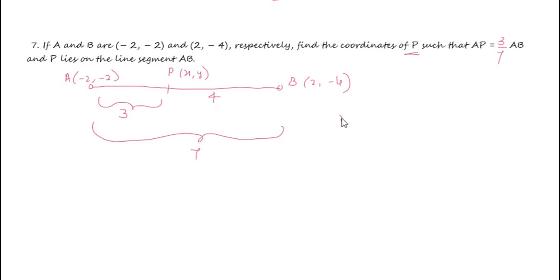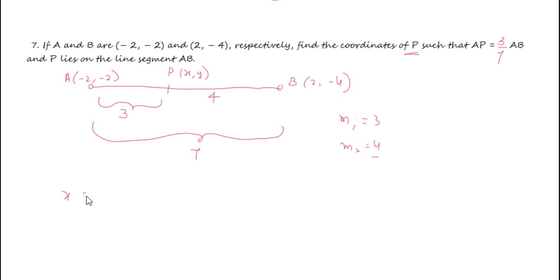So now we have m1 equal to 3 and m2 equal to 4, and we have here x1, y1, x2, y2. We have to find out the coordinates of point P, x and y.